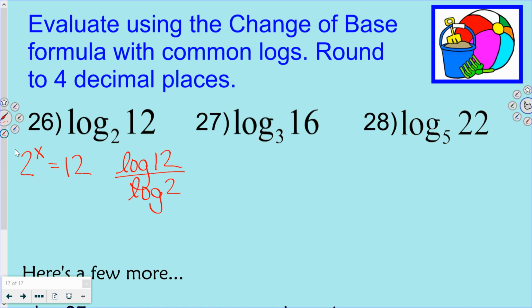Do we want all those digits? No, we don't want all those. It's not exact because it keeps going. You're limited by how big your screen is on your calculator. So the 4 decimal places would be 3.58, what?